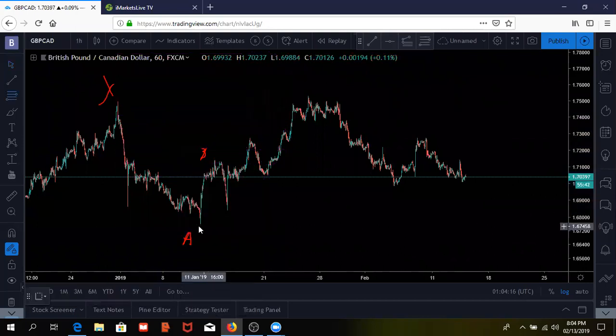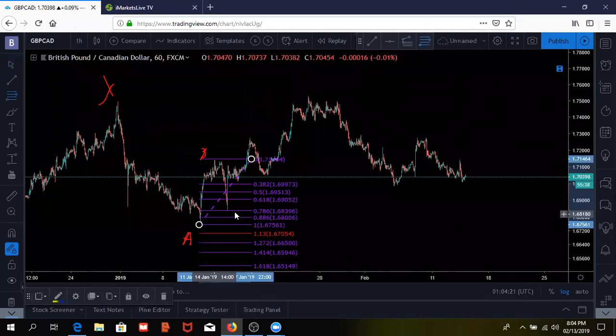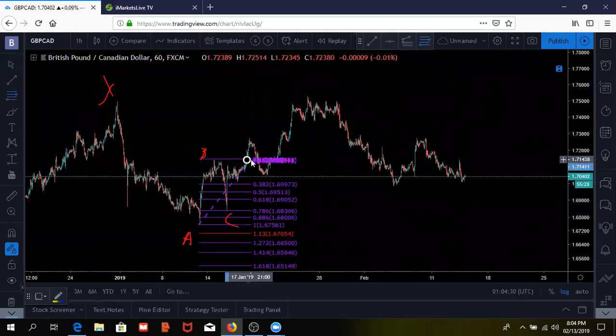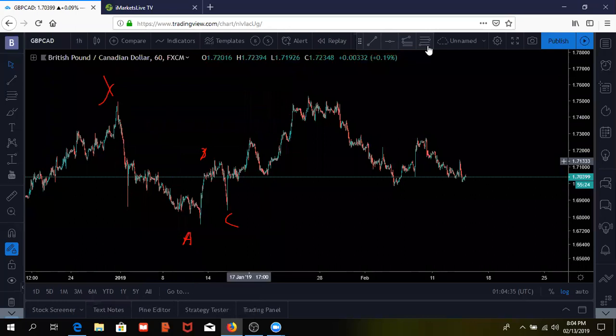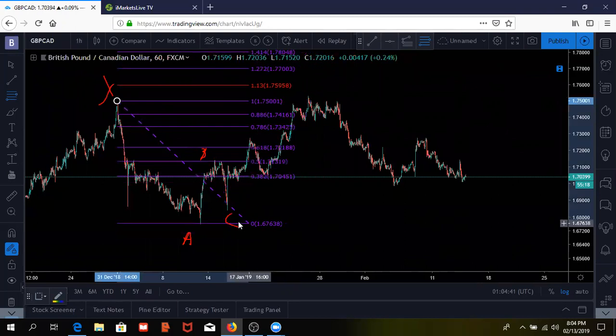I'm looking for a minimum 50% retracement from A to B. Like I told you, it was 78.6. All I need is a 50% retracement. We got that for our C qualification, okay? And we're looking for that completion move to complete at, from X to A, we're looking to get in at the 88.6.